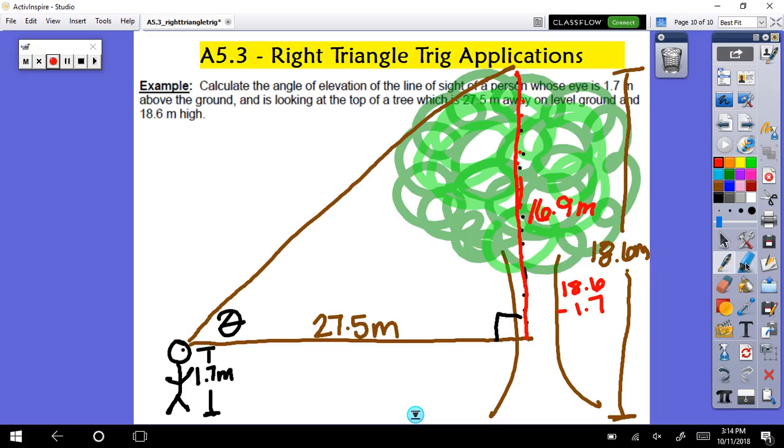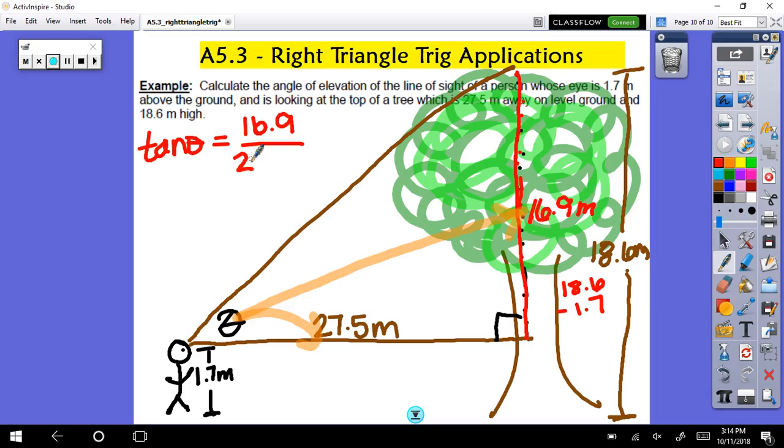Now I just stand at my angle and know I have the opposite and the adjacent. That is tangent. So tangent theta equals the opposite, which is 16.9, divided by the adjacent, which is 27.5.